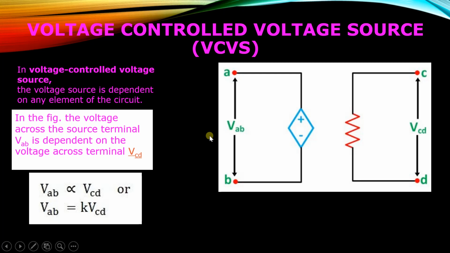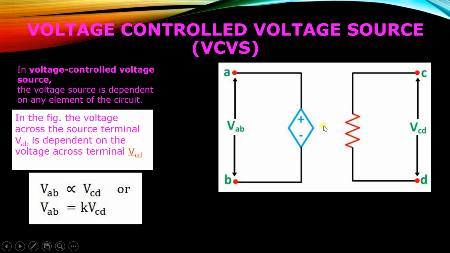So dependent sources are divided into four categories, and we will discuss them one by one. The first one is the voltage controlled voltage source, also called VCVS. This diagram shows the diamond shape, which is the symbol for a dependent source.